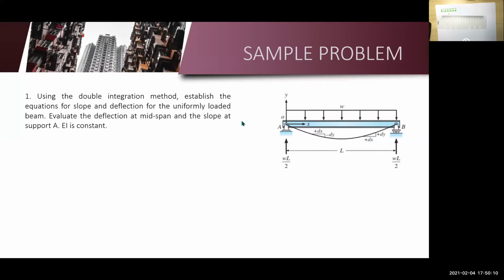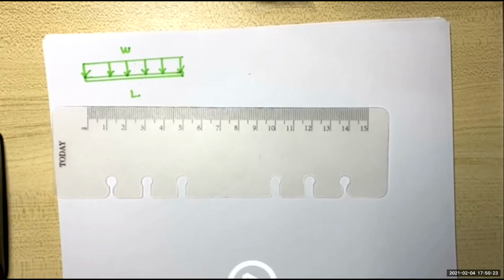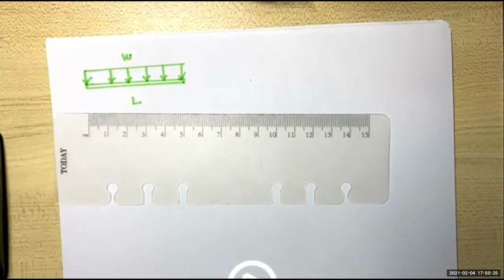I am just copying the problem. I will close this. EI is constant. So what is the question?